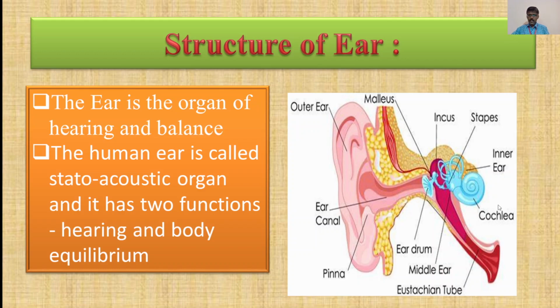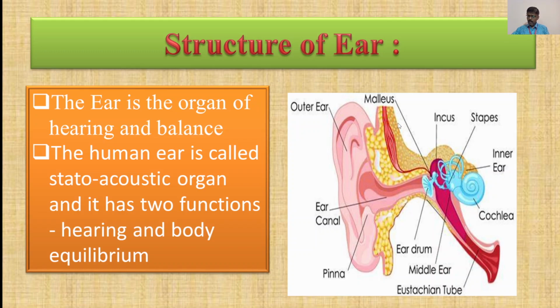Now this is the structure of the ear. This part is the external ear, this part is the middle ear, and this is the internal ear. Now the outer ear shows the ear pinna. This is the ear pinna, this is the ear canal or the passage, this is the outer ear. Now inside, in the middle, there is the eardrum here.